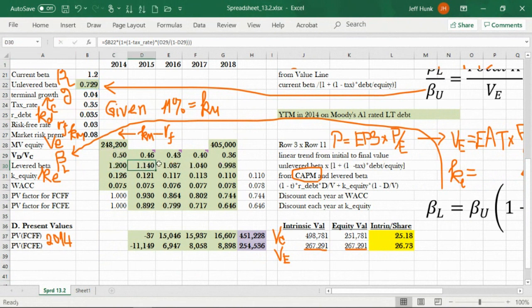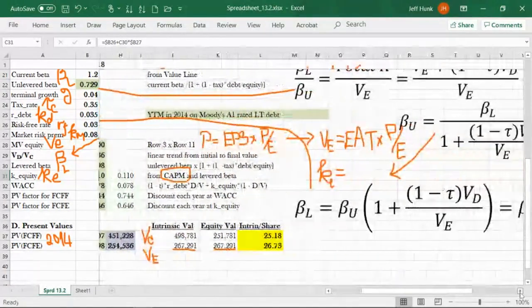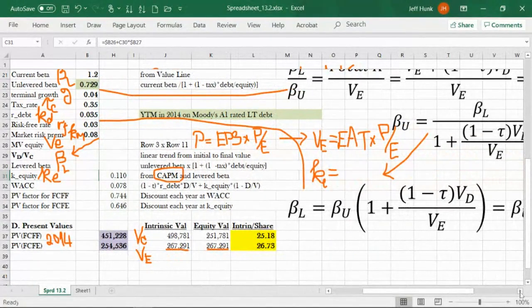So it's all done, right? Each year, just do this and just drag it across, right? And cost of equity is calculated by CAPM, right? And everyone remembers what CAPM is.